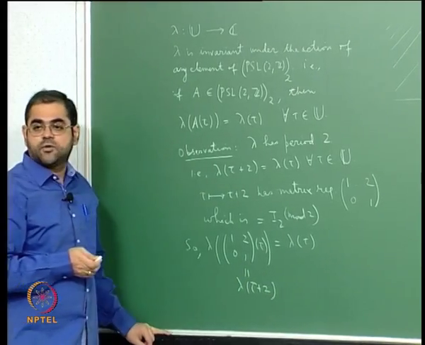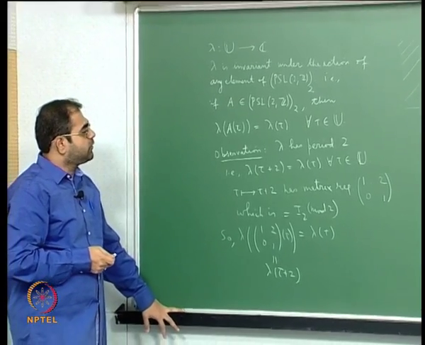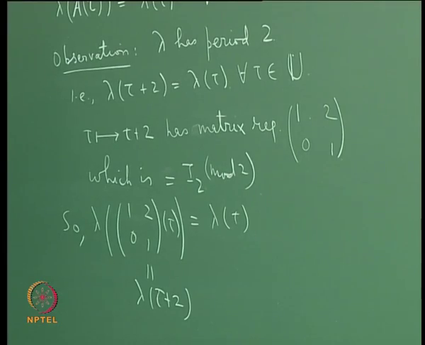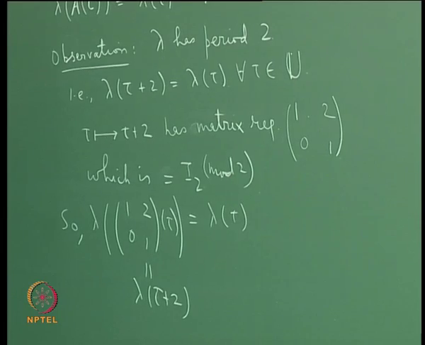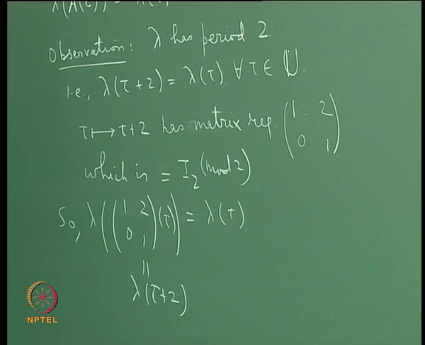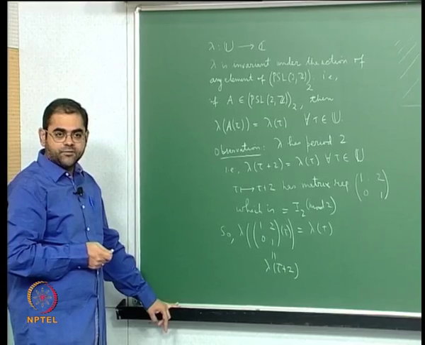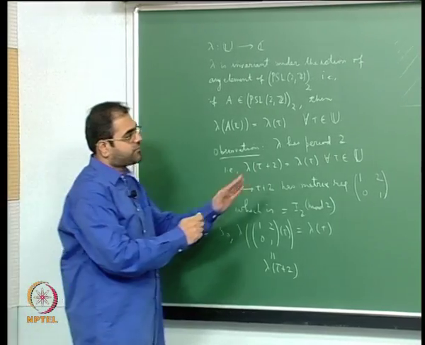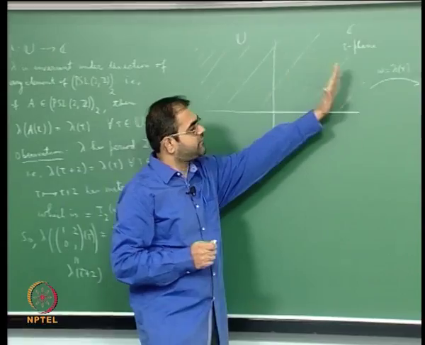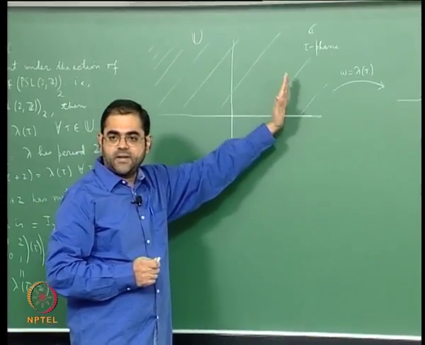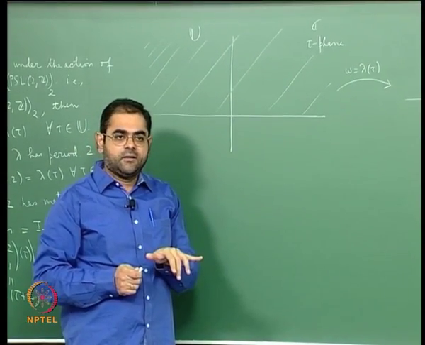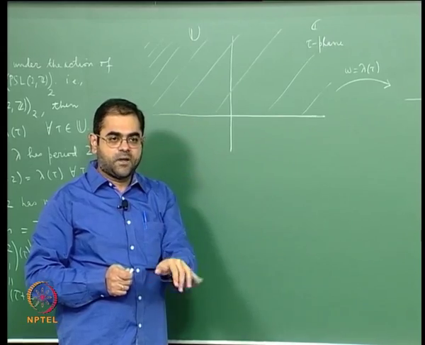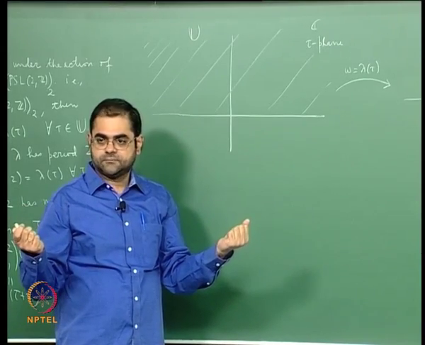So lambda of tau plus 2 is lambda of tau. So the moral of this story is that since lambda has period 2, you don't have to study the effect of lambda on the whole upper half plane, it's enough to study it on a vertical strip of length 2.